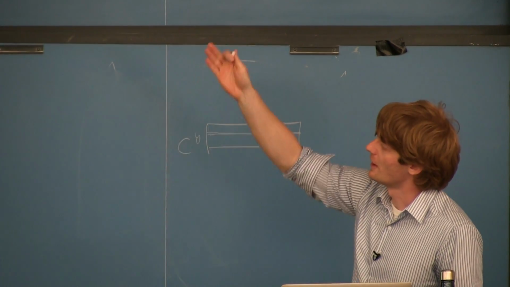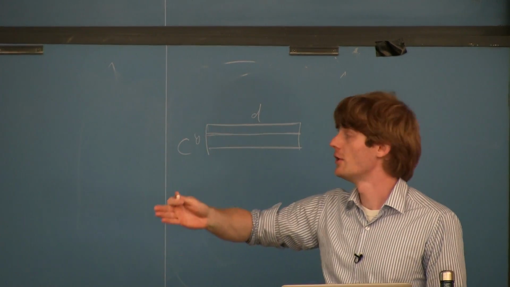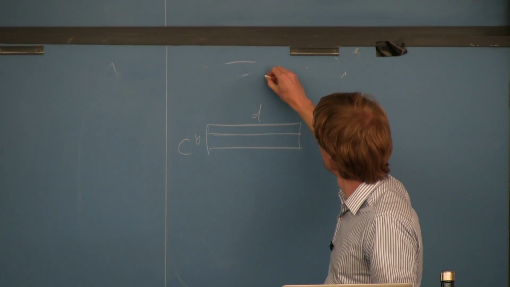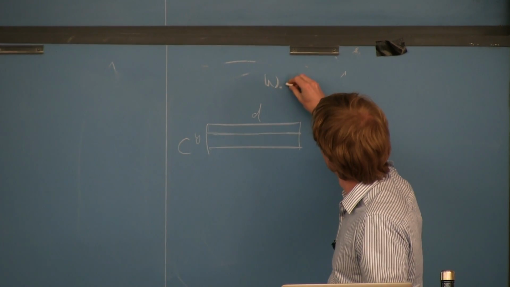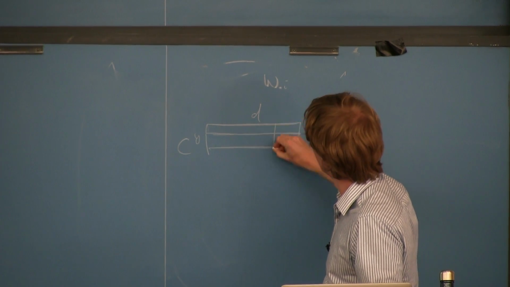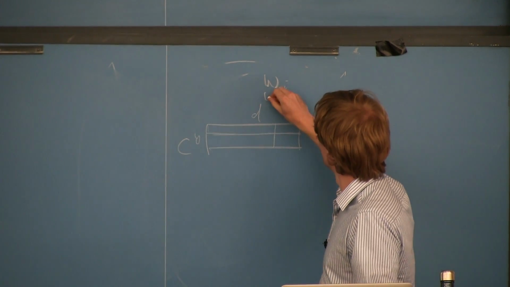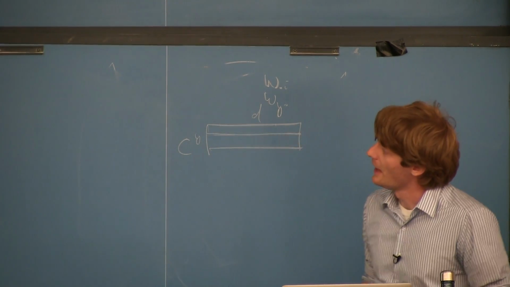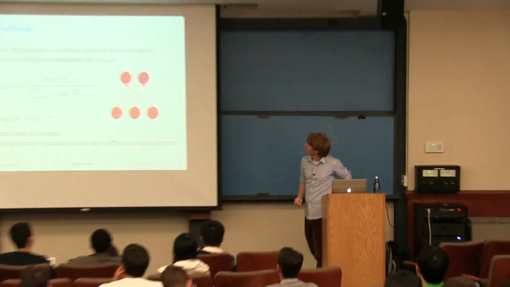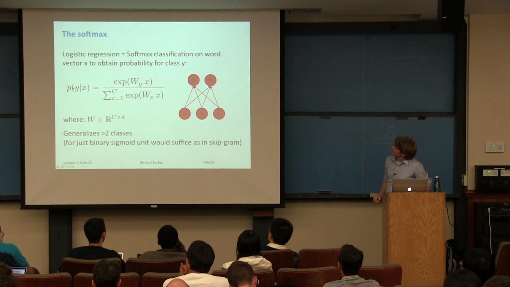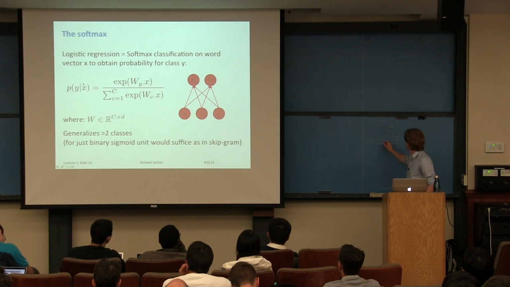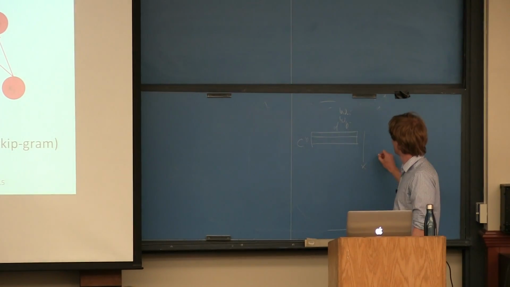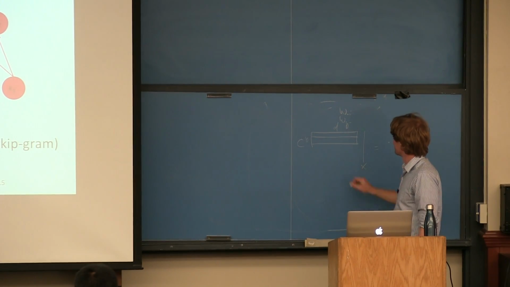If I wanted to get a column, I would write W dot i for the ith column, and W_y dot for the yth row. And so in order to compute here the probability for a specific y, we will take the yth row of that matrix and multiply it by our word vector x. And that will just give us a single number.